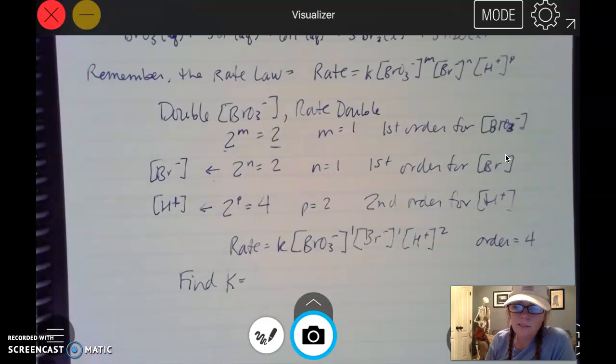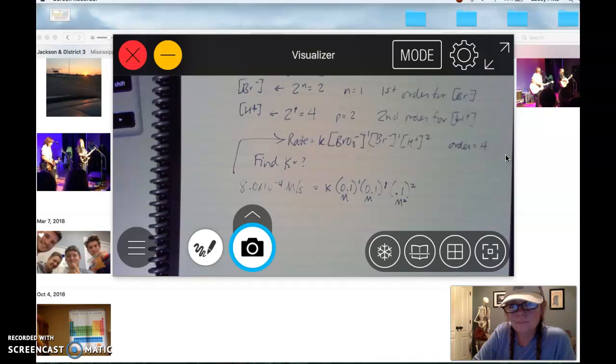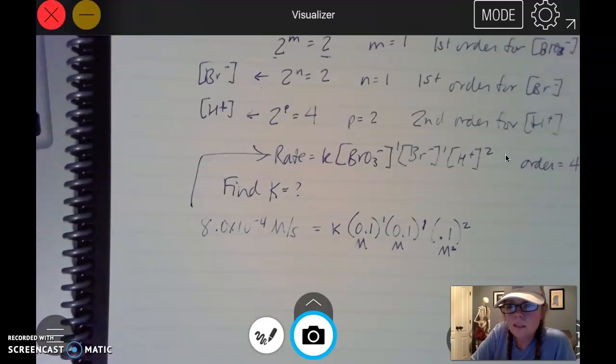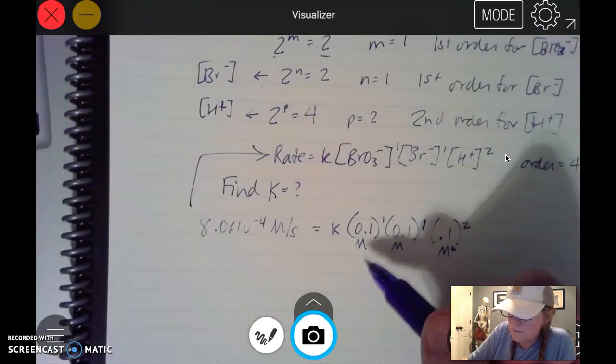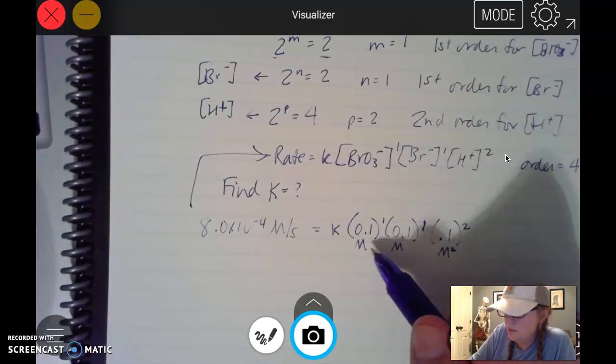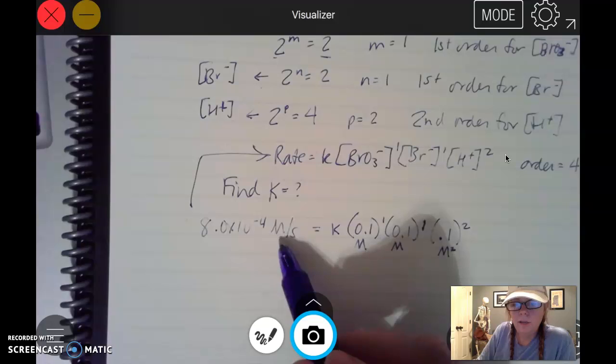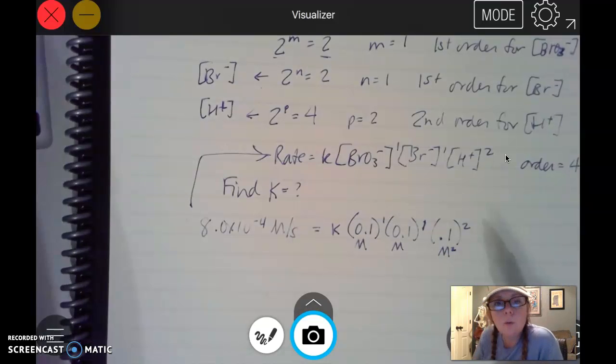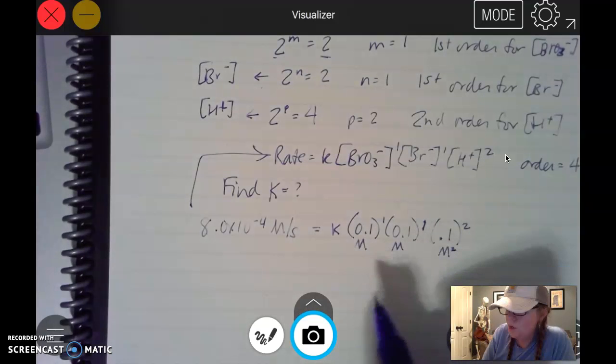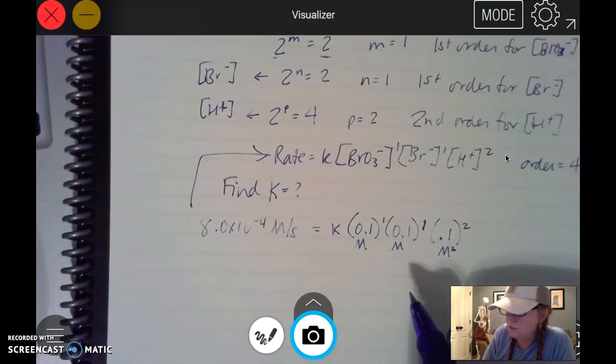Of course you're going to be asked to find K, and you're probably going to be asked to find K with the correct units. And so it matters what our units are. All right, so in finding K, we've got molarity times molarity squared over here. And we've got molarity per second on the left side of the equation. So be careful when you're combining your units.